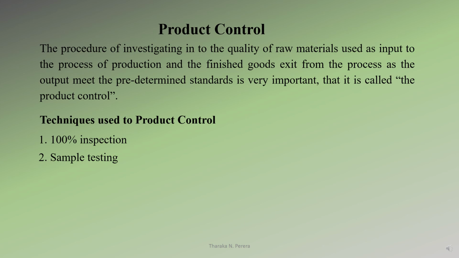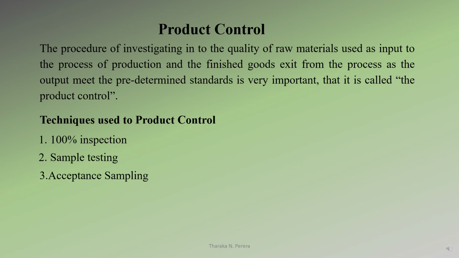And the second one is sample testing. Many firms decide whether to purchase a particular batch of items based on a sample drawn from that whole batch. Testing samples from each batch is the most frequently used method currently in the industrial field for accepting or rejecting batches.